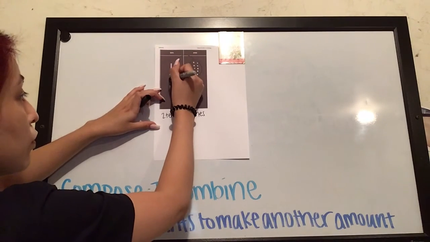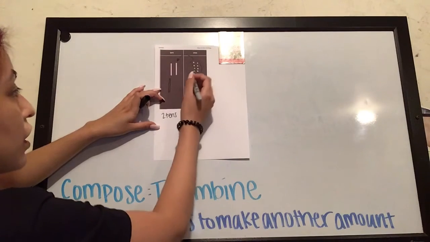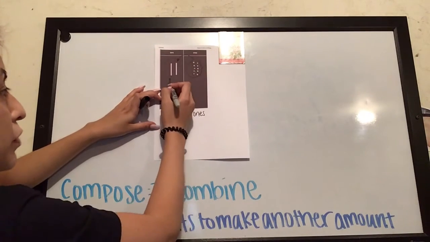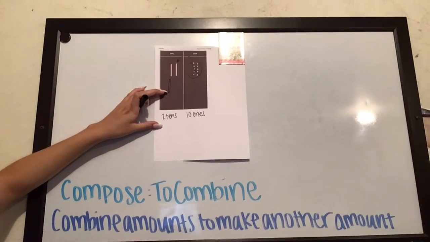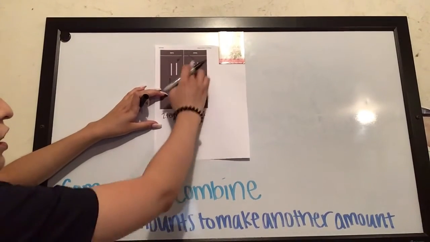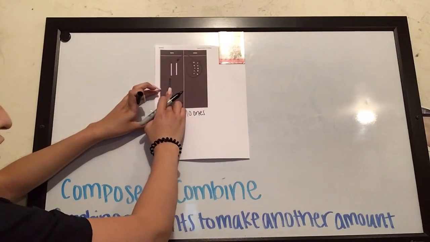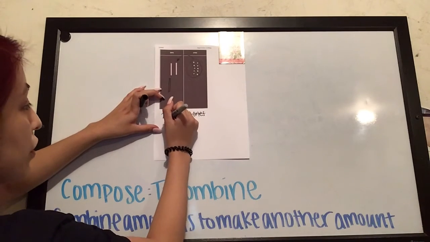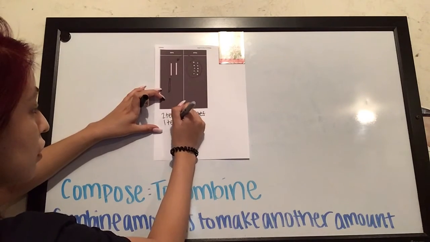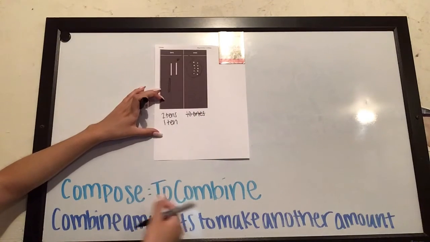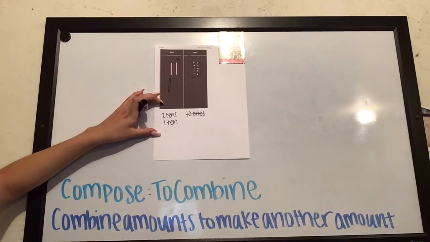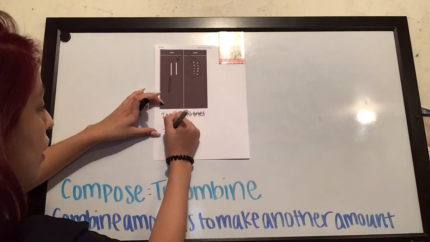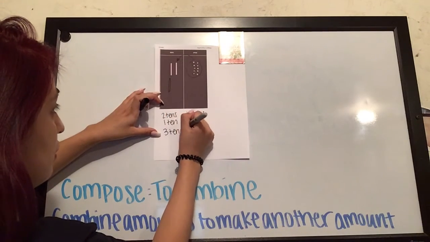It's going to be one of these. But remember, this is the same thing as this. So 10 ones equals 1 ten. So you don't have the 10 ones anymore. Now you have one more 10 because you brought it over here. So how many tens do you have in total now? 3 tens.